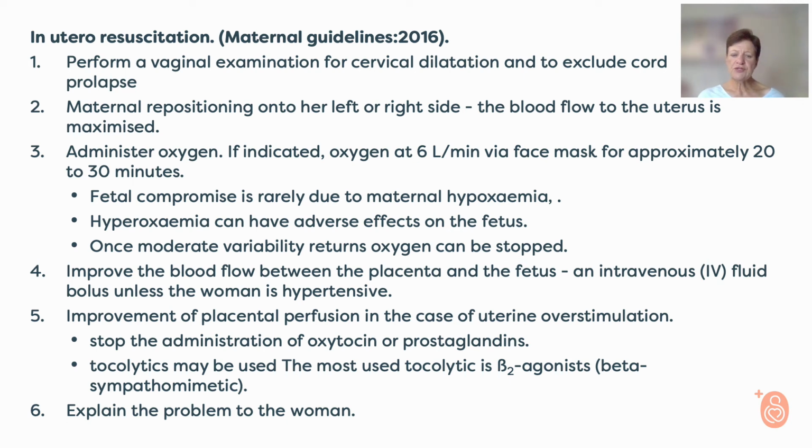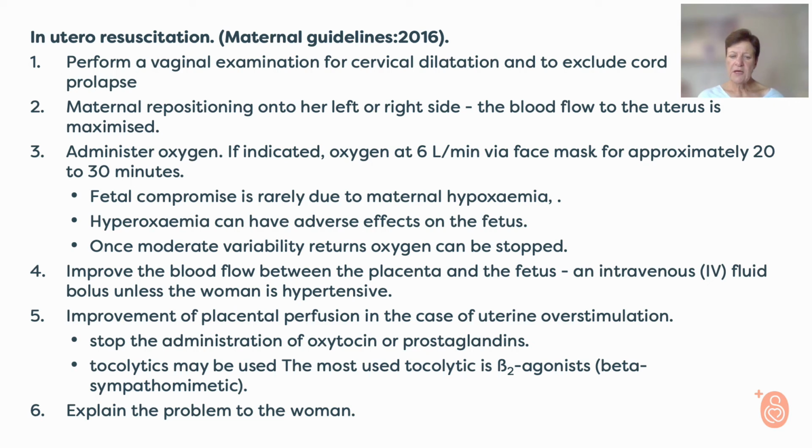So we do want to increase the blood flow between the placenta and the fetus in order to try to reverse this hypoxia. We do that by an intravenous infusion of a bolus of Ringer's lactate followed by a normal IV infusion of Ringer's lactate.